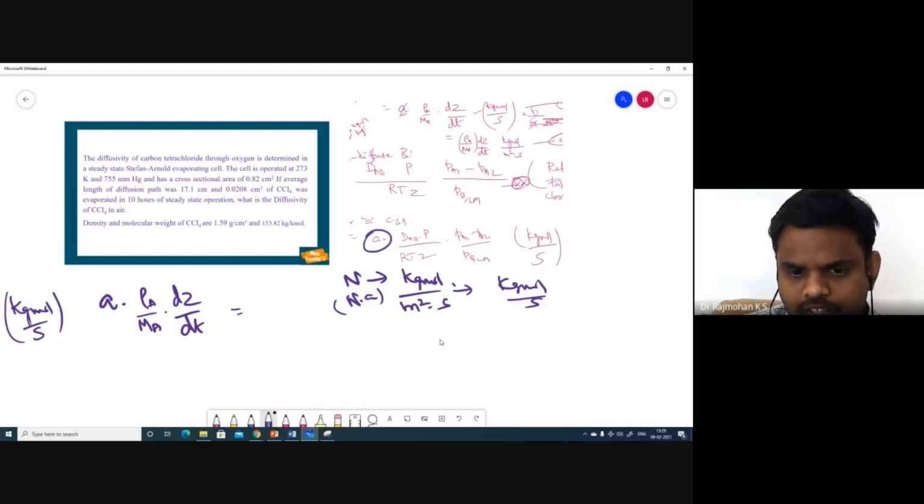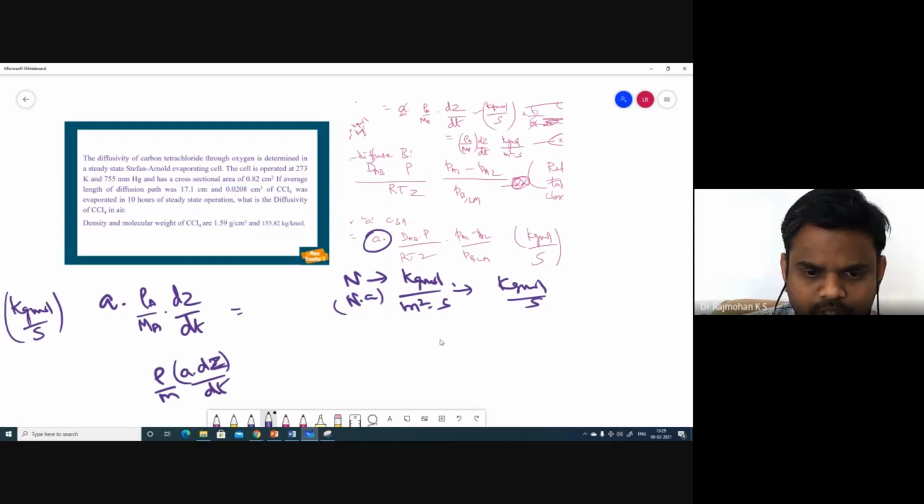This A into dZ is given. How much volume? A cross meter square, that is meter cube per second, is given.